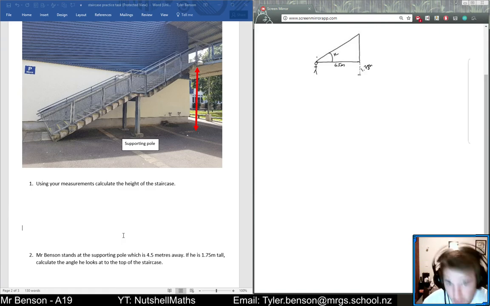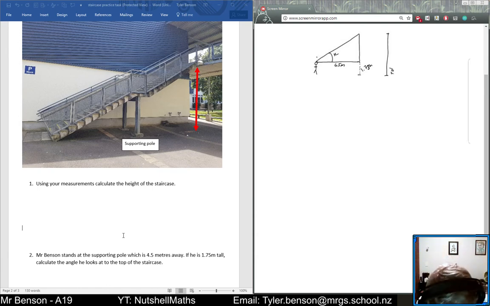And we need some more information. We just found out some information about this triangle. We found out that the total height, from the ground all the way up, equals 4.329. Okay, we just did that.